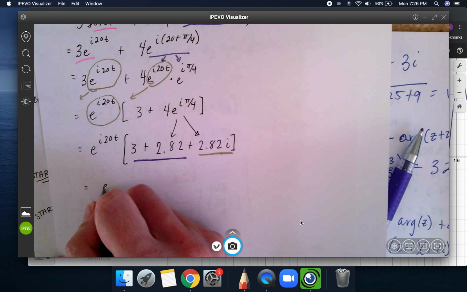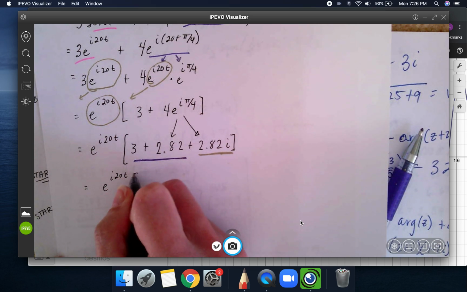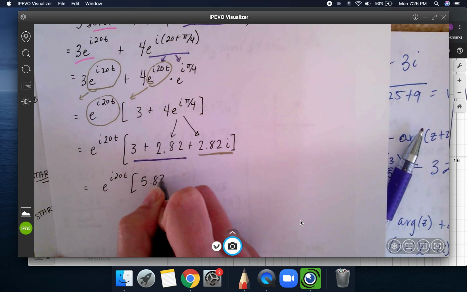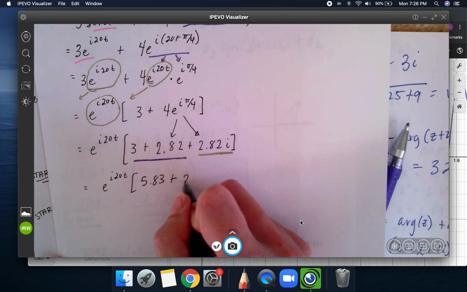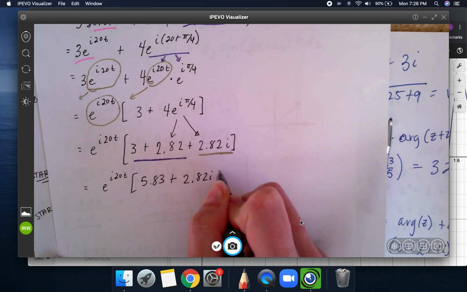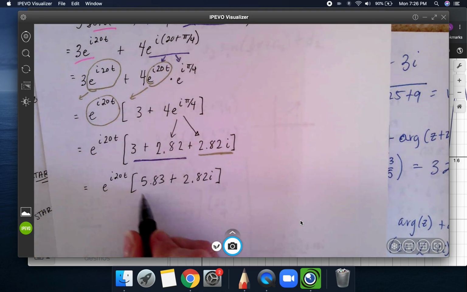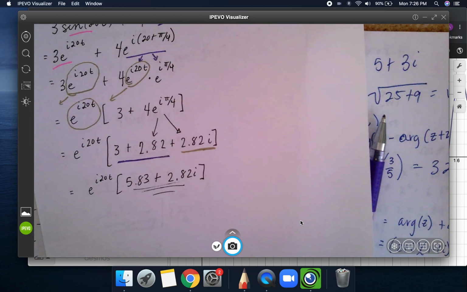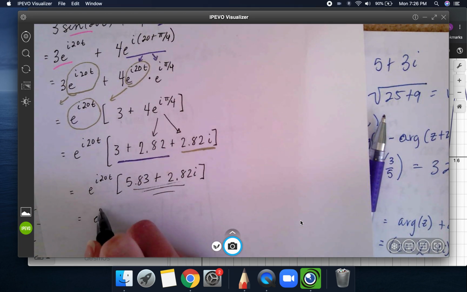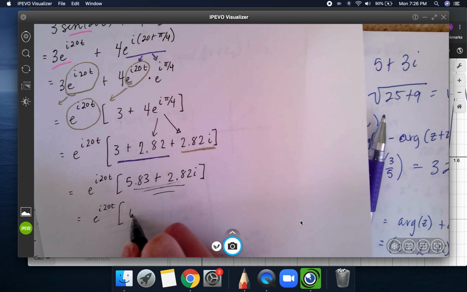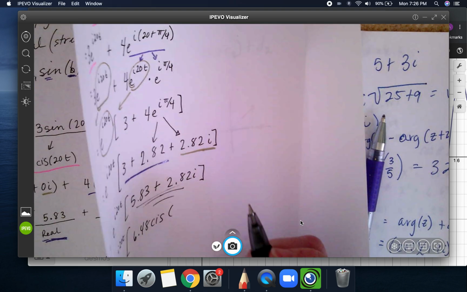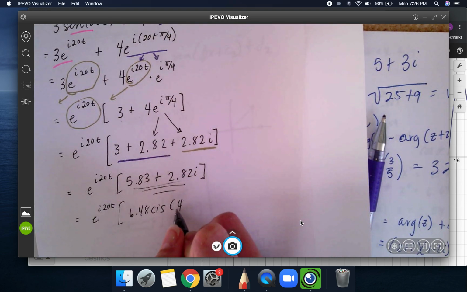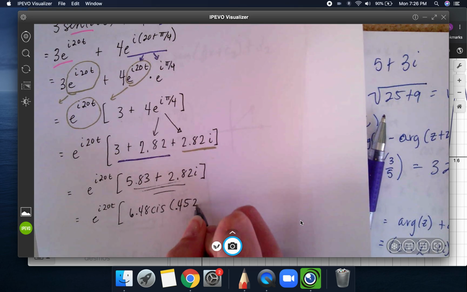So e to the i 20t times 5.83 plus 2.82i. And now this right here can be expressed still as, we just leave this here, we're carrying it through algebraically, 6.48 cis 0.452. Okay.